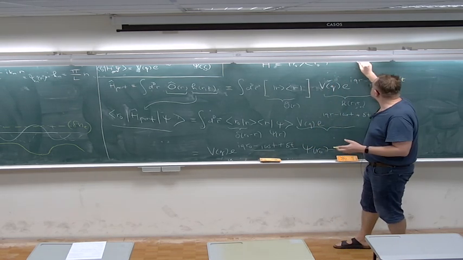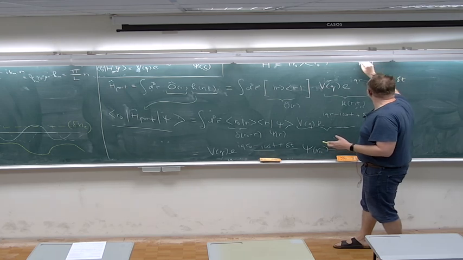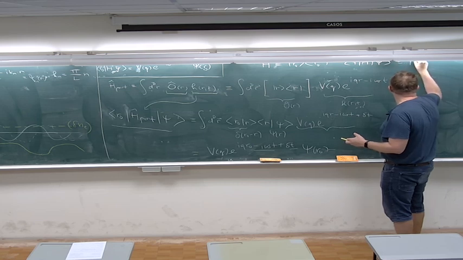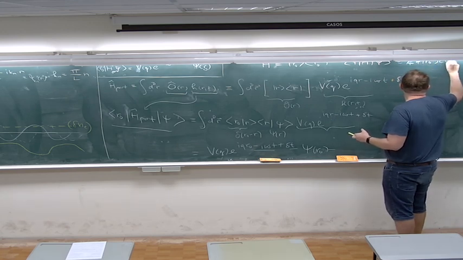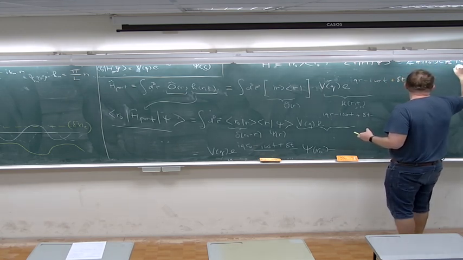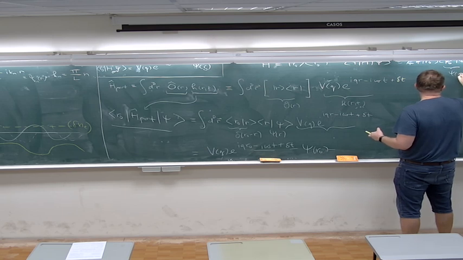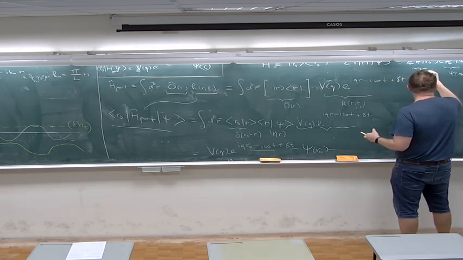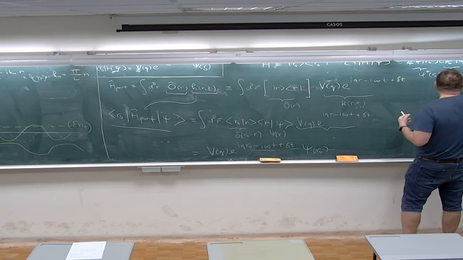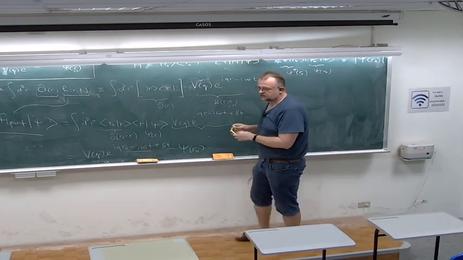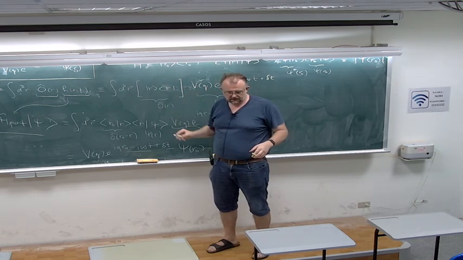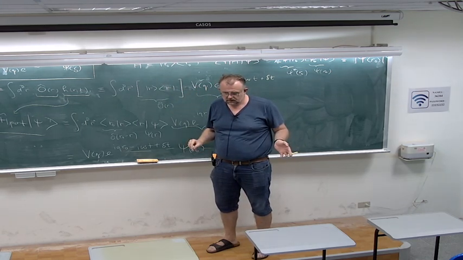Sure, it's clear, because if you take the expectation of psi dagger psi, what you are getting is C dagger at point R0 times C at point R0, which is exactly the density of the electrons at point R0. So this is the corresponding operator written in the abstract form. Okay? Is it clear? Perfect.